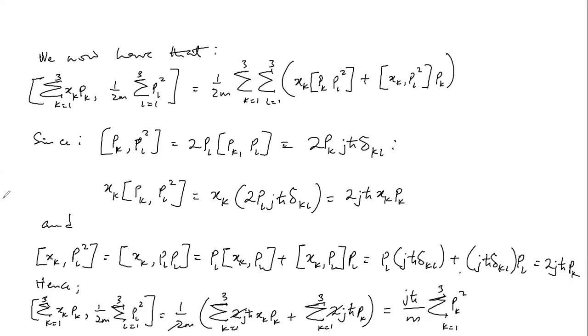So hence, the quantum bracket between the product of the position and the momentum and the kinetic energy p squared divided by 2m will be the same as jħ p squared over m.